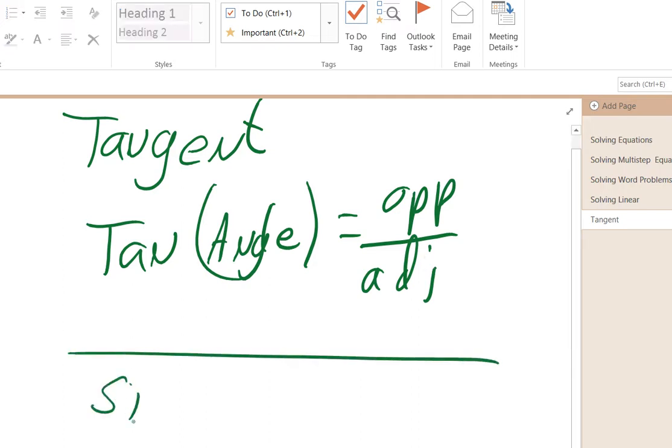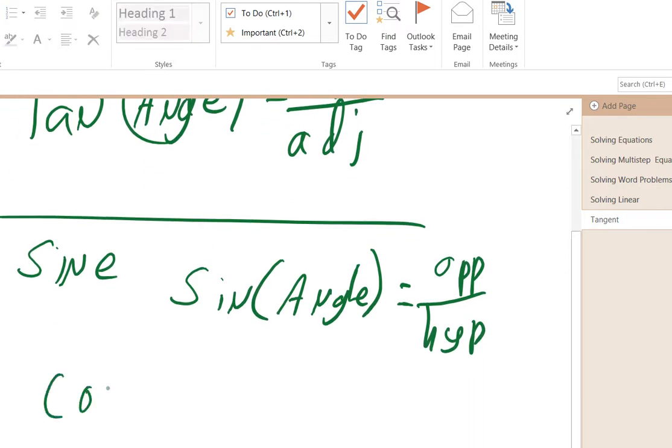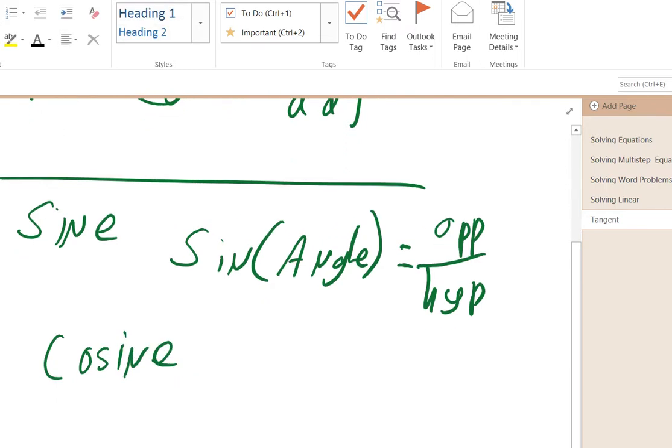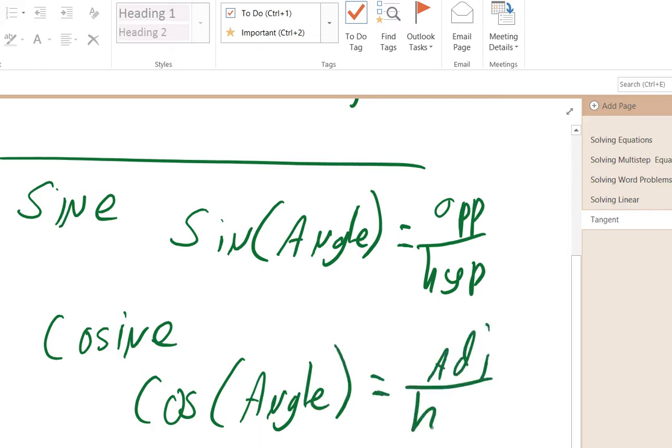Okay, the sine, which looks like this, but is abbreviated with sin, is equal to the opposite side over the hypotenuse. And the cosine of an angle, which is spelled that, but abbreviated cos, is the adjacent over the hypotenuse.